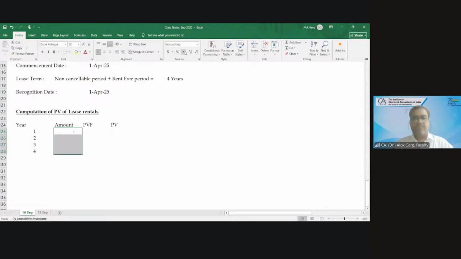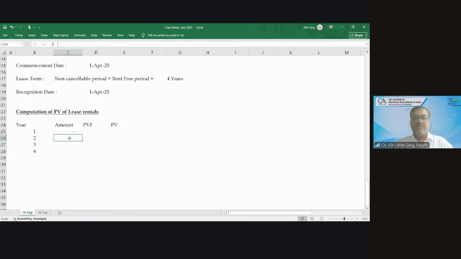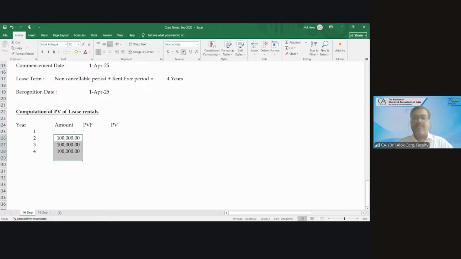Year 1 it is zero. Year 2, what is the amount? 1 lakh. Yes, 1 lakh from the second year, third year, fourth year.